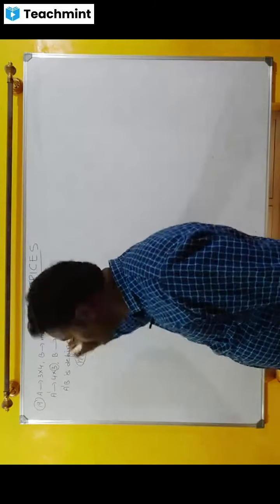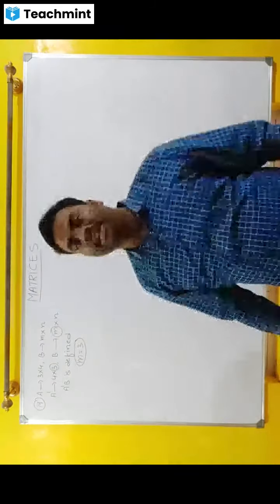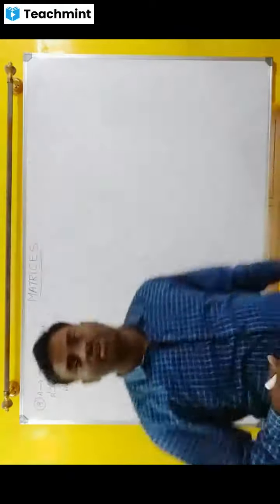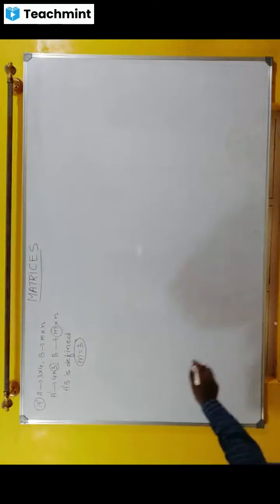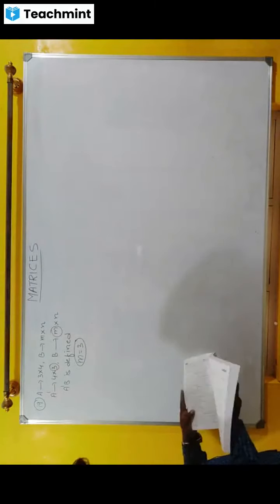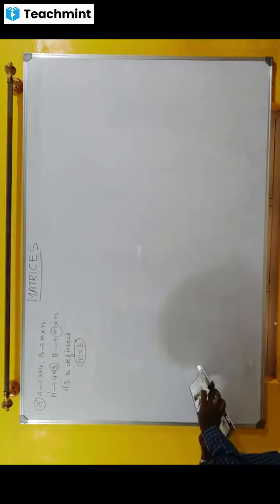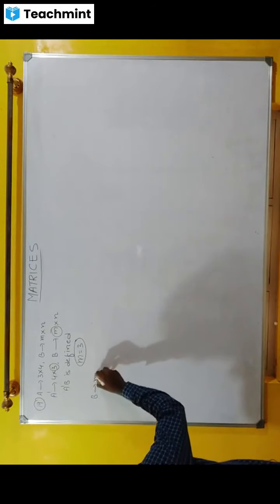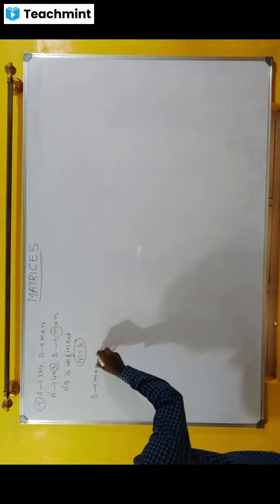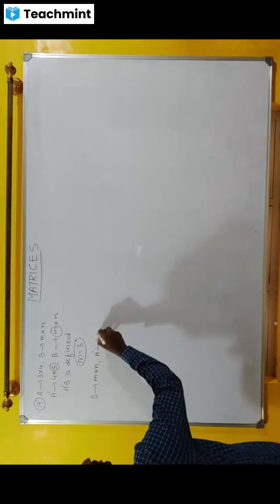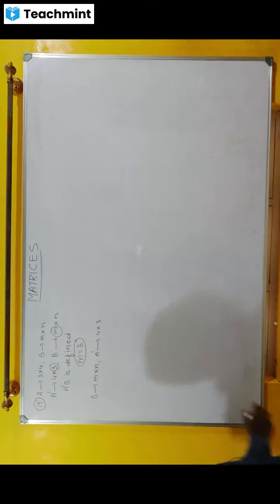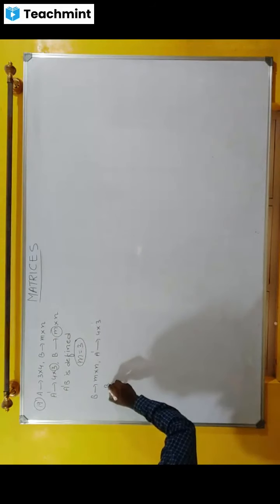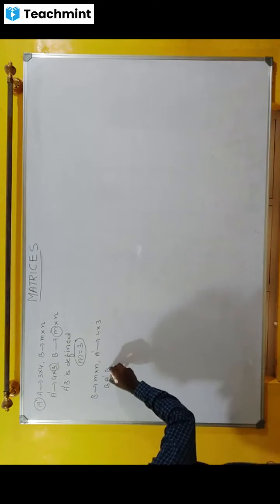We got one value. Next, we need to find the n value. In the question, they mention A dash B is defined, BA dash is defined. B is m into n, A dash is 4 into 3. Now, BA dash is defined.